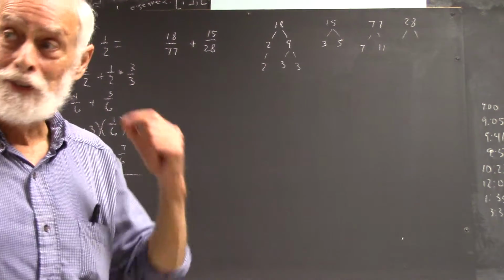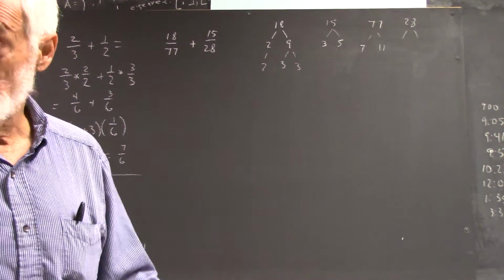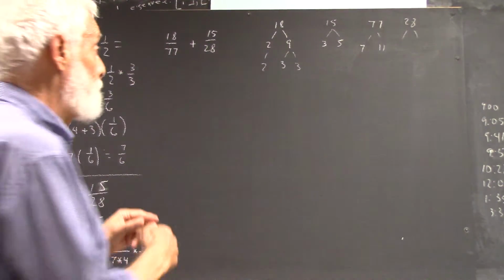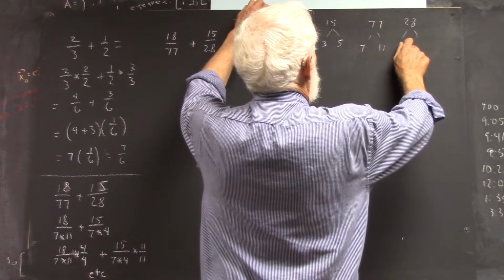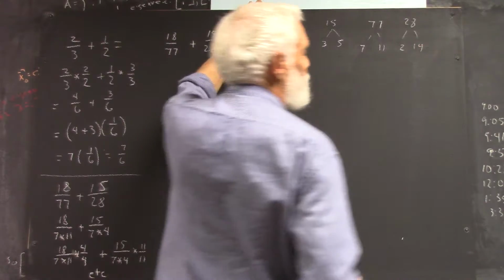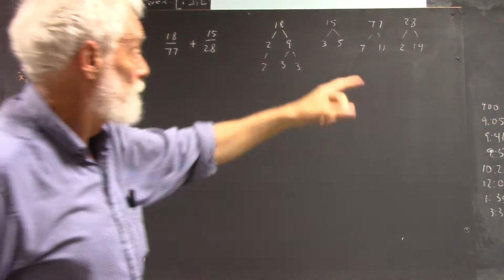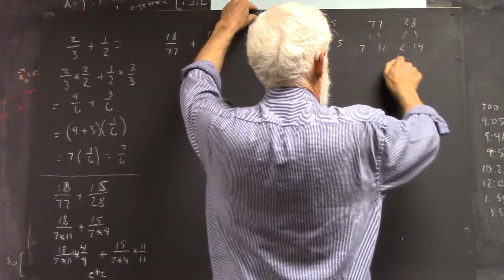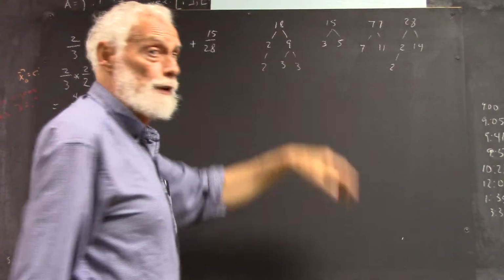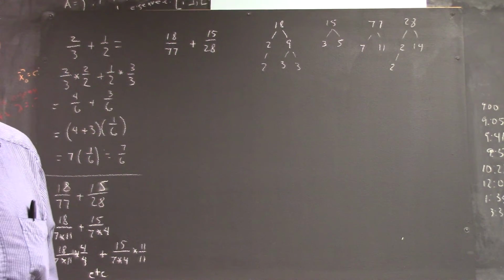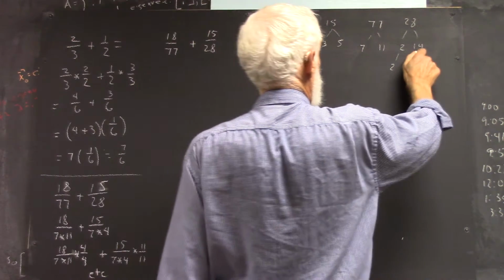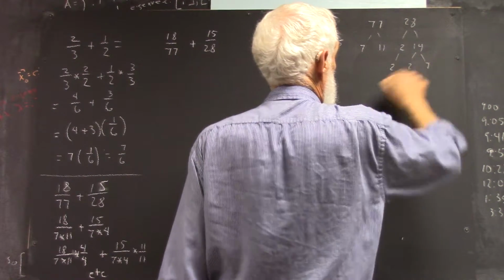Smallest prime is 2. Will it divide 28? Yeah. So you get 2 and 14. Now 2's prime, so it's not going to change. What's the smallest prime that divides 14? 2. We get 2 times 7.